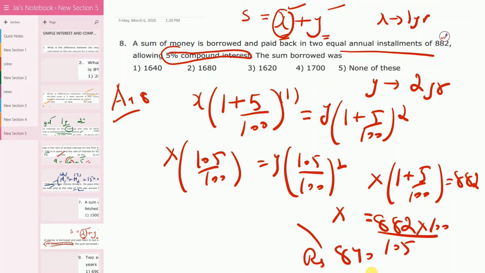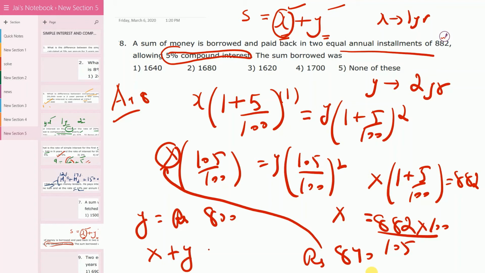Now put the value of x in this equation and calculate the value of y. So the value of y will come out to be rupees 800. So the amount that was borrowed was rupees x plus rupees y, and this comes out to be 1640 rupees. So the option A would be the right answer to the given question.